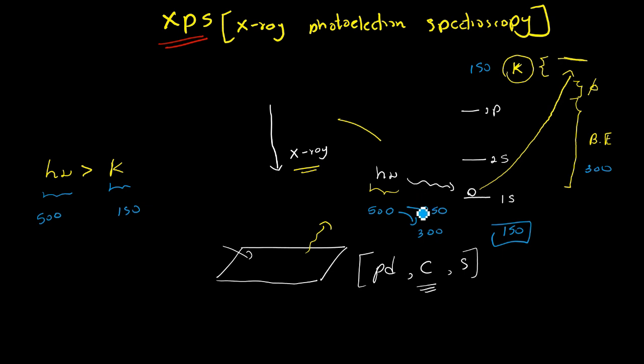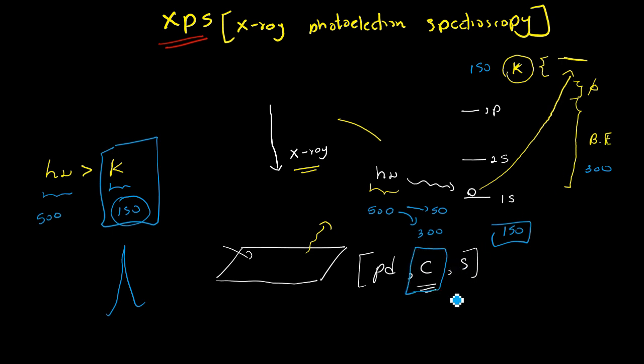This is what we do in X-ray photoelectron spectroscopy. Now, let's say you have a very high peak for electrons at the 150 energy level, which means there is a high level of carbon here.